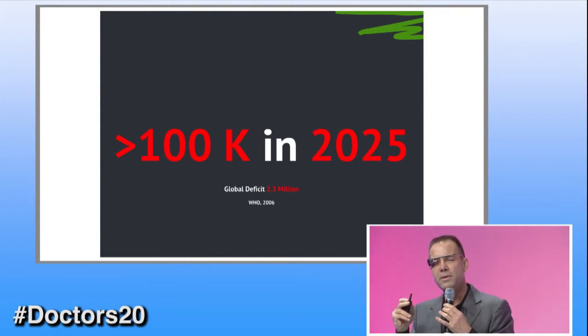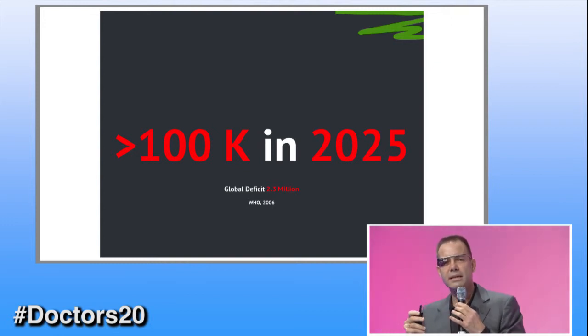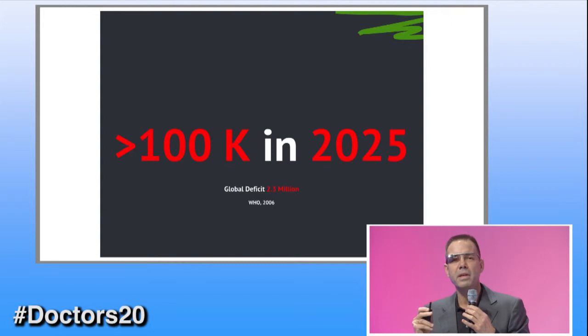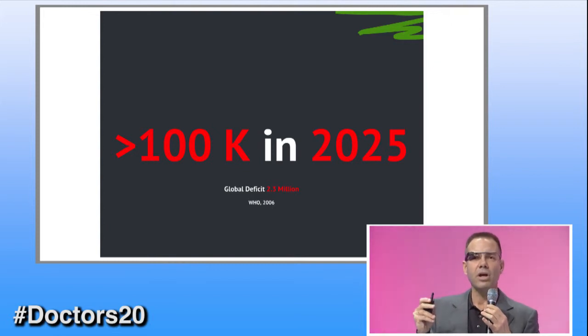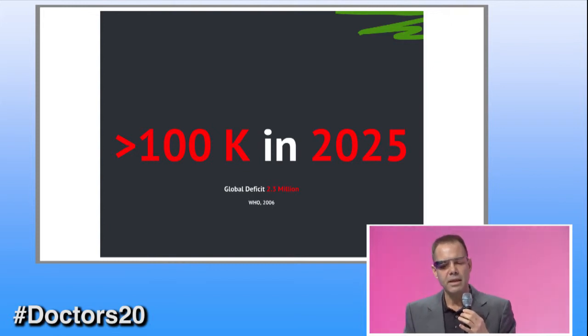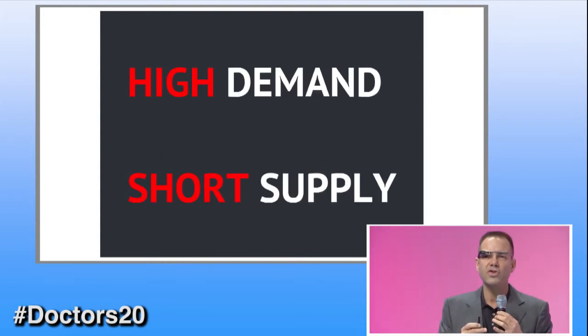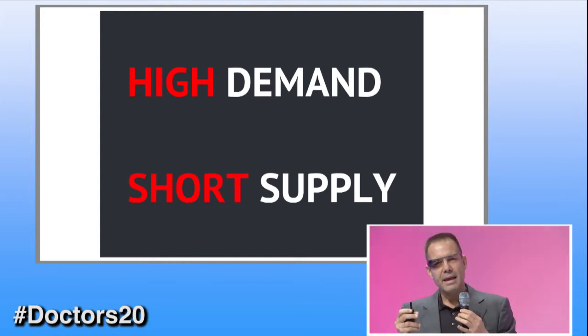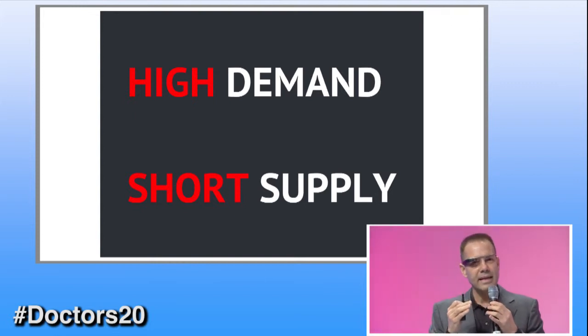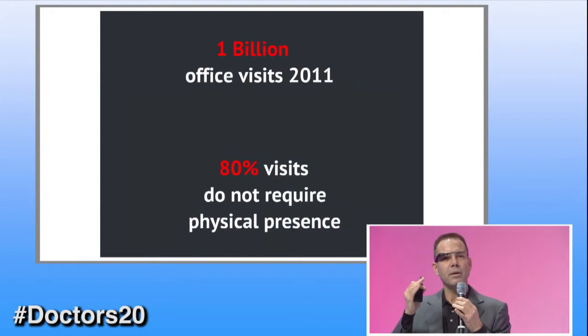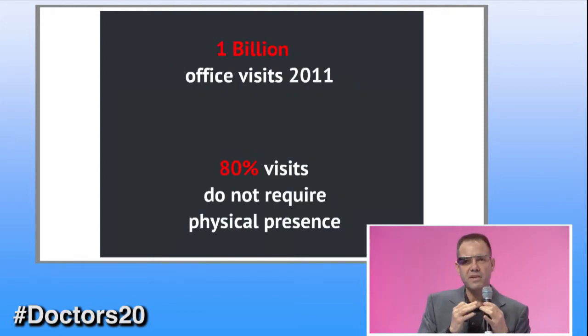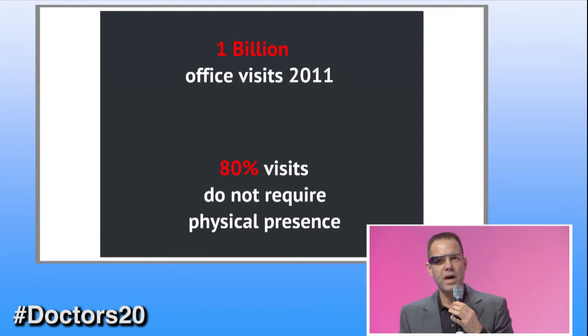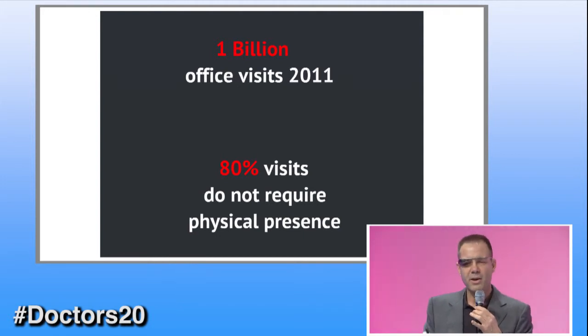For 2015, the prediction, and it's approximate, is about 67,000 doctors deficit in the U.S. There's a high demand for services and a short supply. Along with about 1 billion office visits to physicians' offices in 2011, this makes a perfect storm.